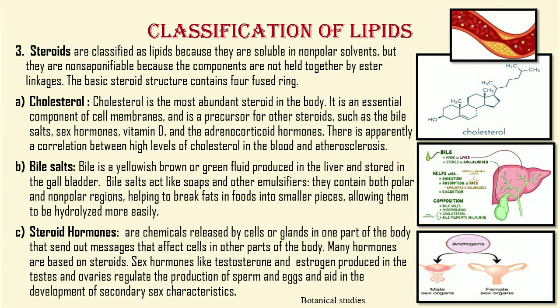These are chemicals released by cells or glands in one part of the body that send out messages that affect cells in other parts of the body. Many hormones are based on steroids. Sex hormones like testosterone and estrogen, produced in the testes and ovaries, regulate the production of sperm and eggs and aid in the development of secondary sex characteristics.